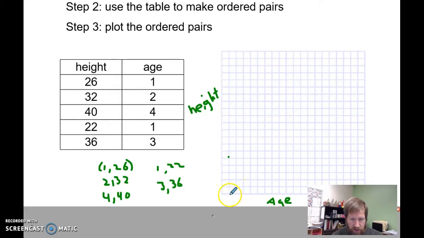So 1, 26, and I have 1, 22, and 2, 32, and 3, 36, and 4, 40. So I do have a pretty clear upwards correlation. If I was going to draw a trend line, it would be somewhere like that.